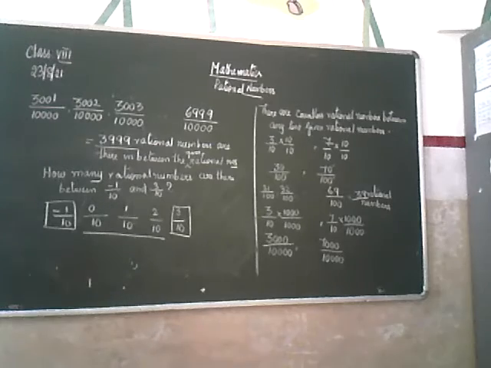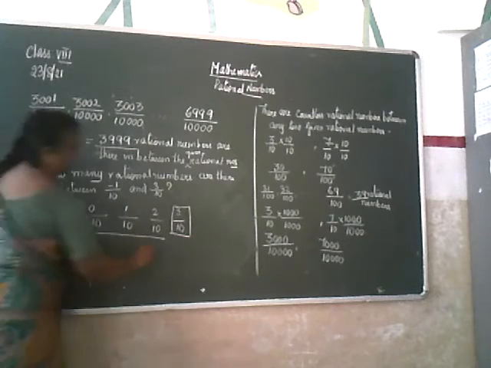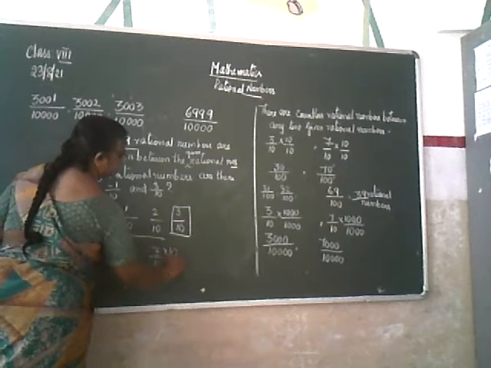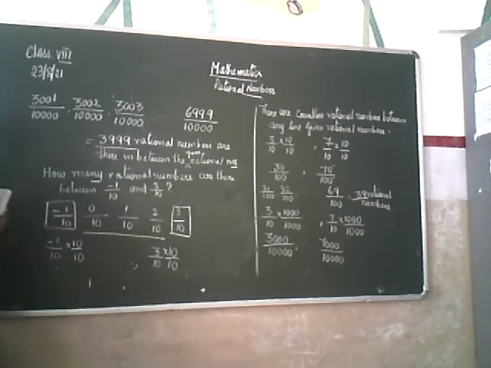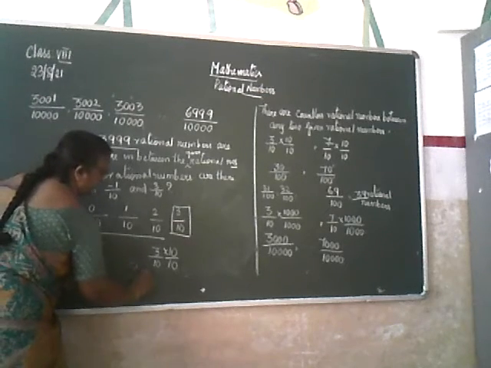Again, when I multiply minus 1 by 10, both numerator as well as the denominator by 10, what I will have? Minus 10 by 100. Then 3 into 10, 10 tens are 100, 30 by 100.